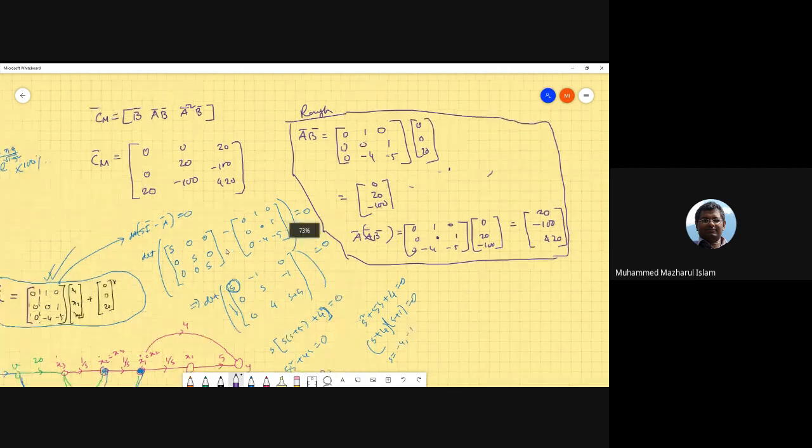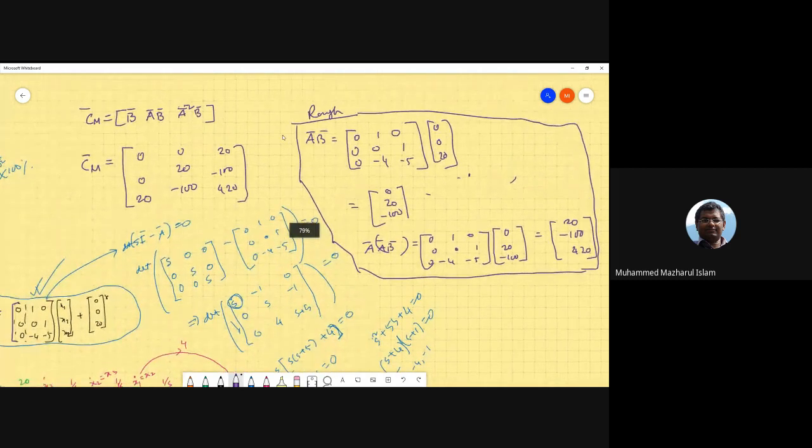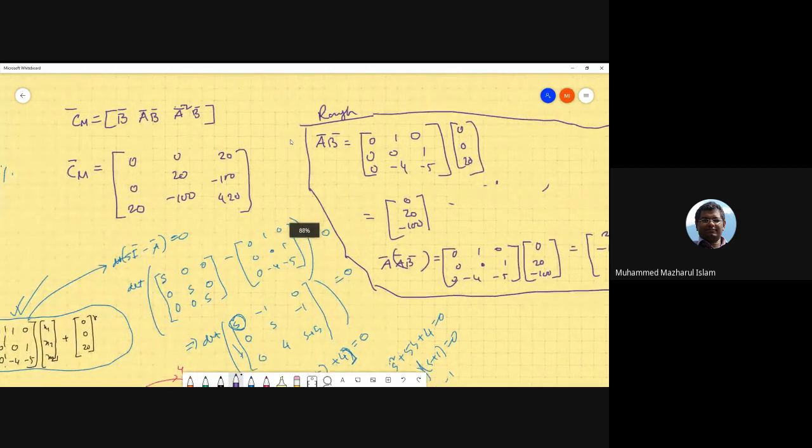So once we get CM, we have to calculate its determinant.